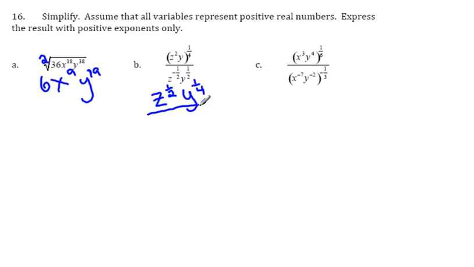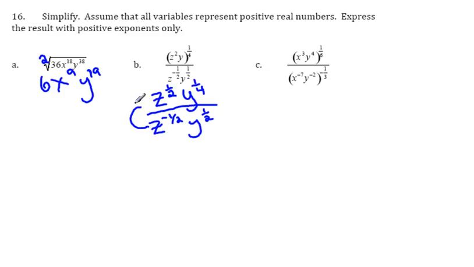In my denominator, I don't have a new power to raise it to, so I have z to the negative 1/2 and y to the positive 1/2. We know that when we're trying to get rid of a negative exponent, we can move it across the fraction bar to make it positive. So that's what I'm going to do here.